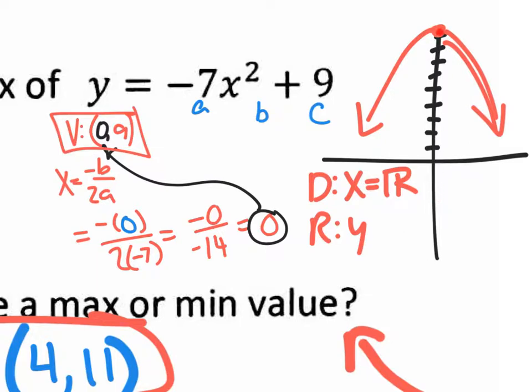So this whole parabola is at this max value and it's below that max value. What is this max value of y? 9. So this whole parabola is below the y value of 9. How do we state that as an inequality? It's at 9 and below. So how do we write that as an inequality?